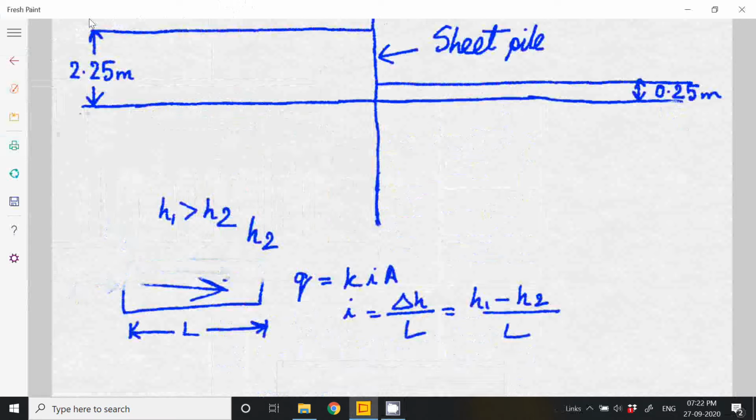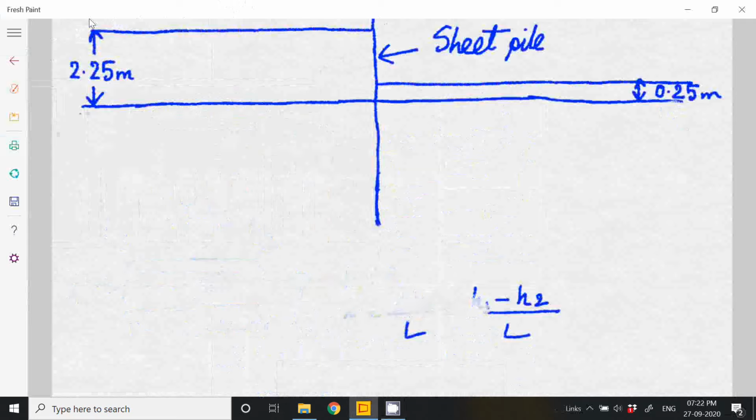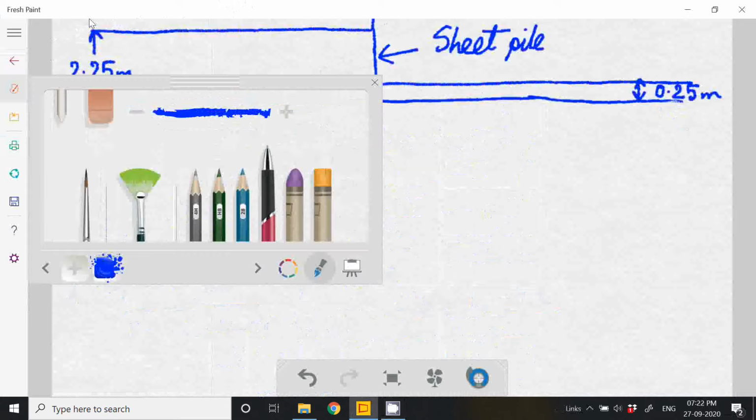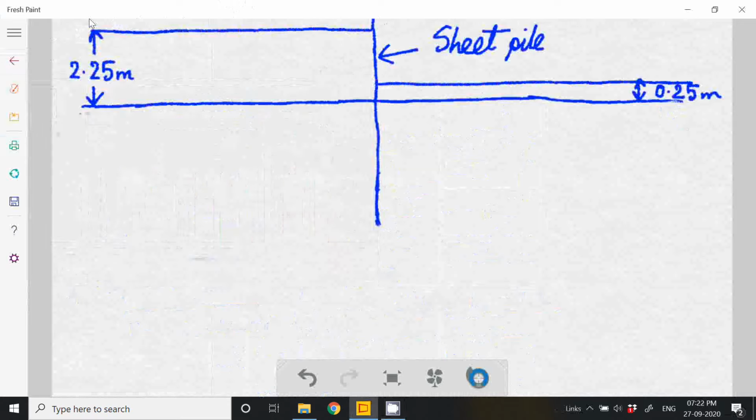Now let us go back to the situation that we are discussing. From the left side the water will start flowing to the right. So suppose this is a point from which water will start flowing.